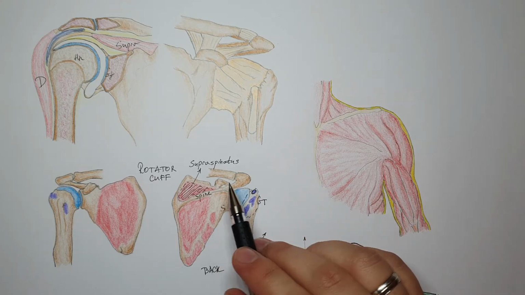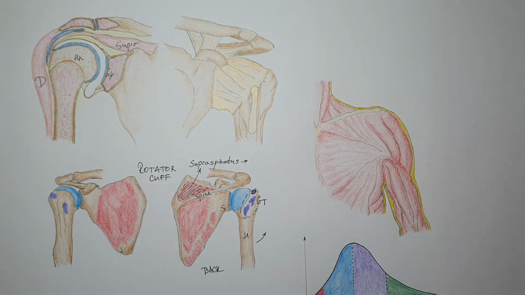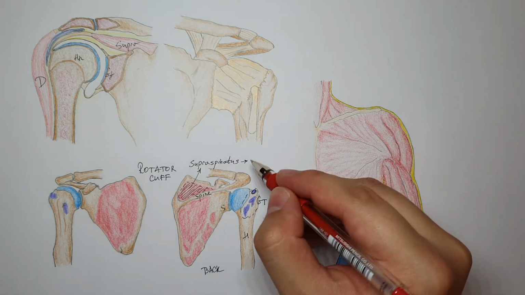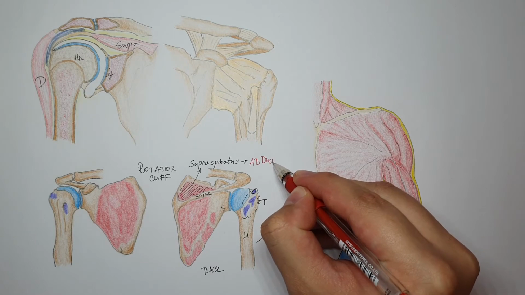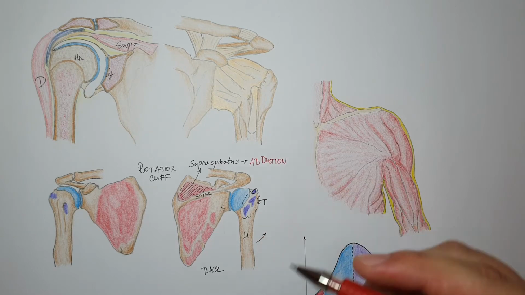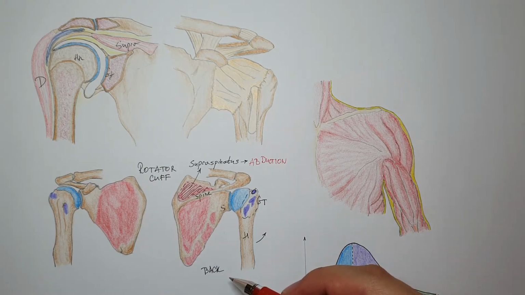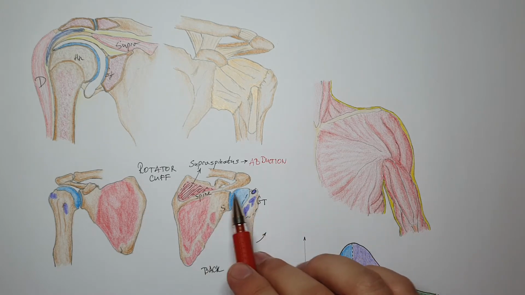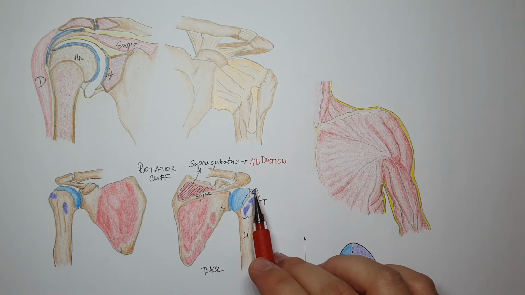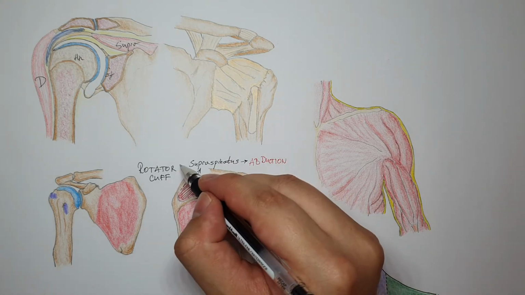This is why the supraspinatus is an important muscle for abduction, the abduction of the arm from the body. It is moving the arm away from the body, and it is logical once you know the origin and the attachment point. So this is the first.